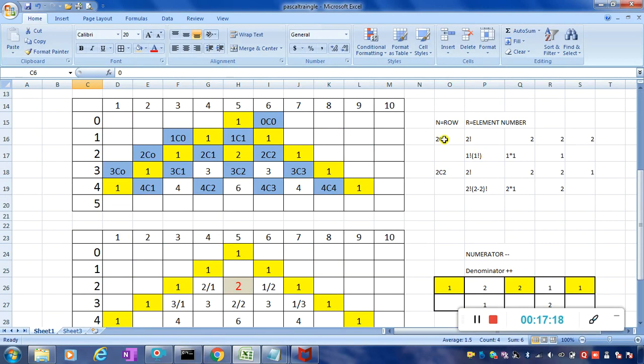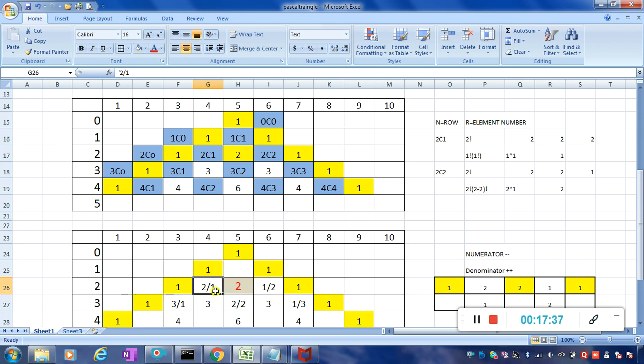For example, 2C0, 2C1. So here the numerator is nothing but the row number, and the denominator is always 1. So we are starting with the numerator as the row and the denominator fixed.